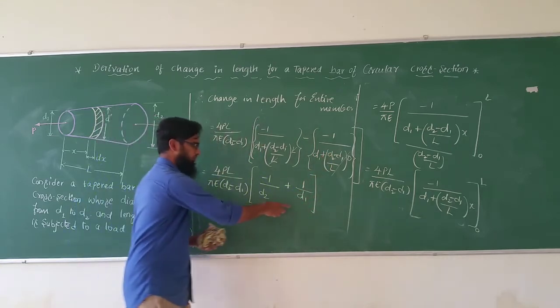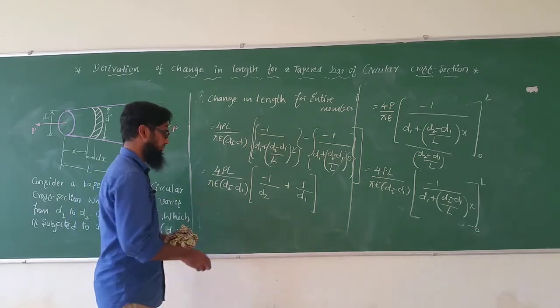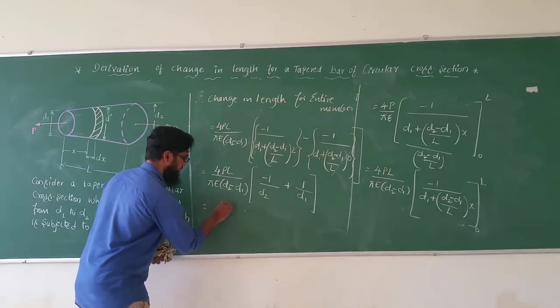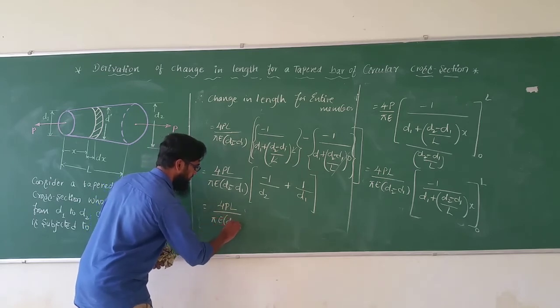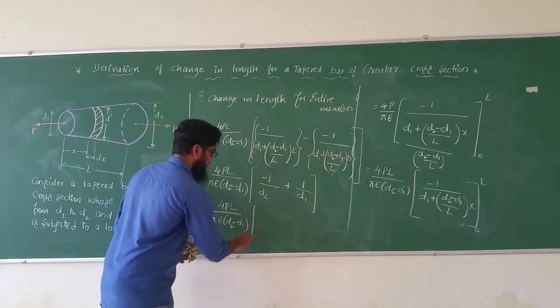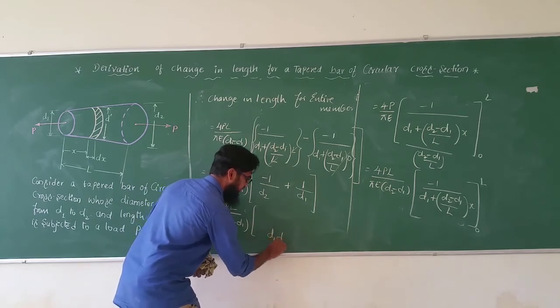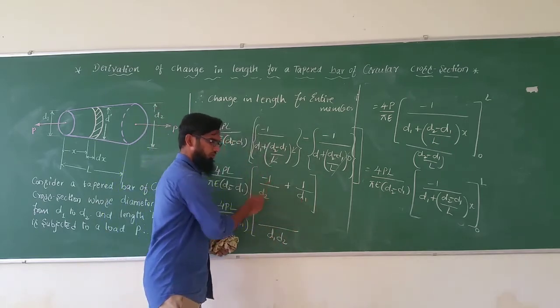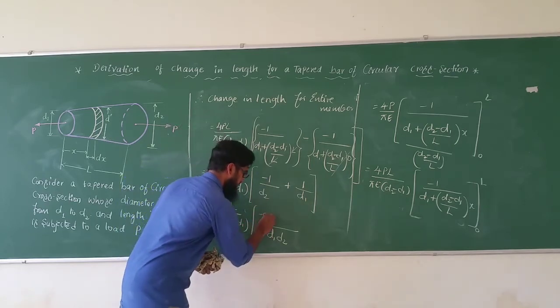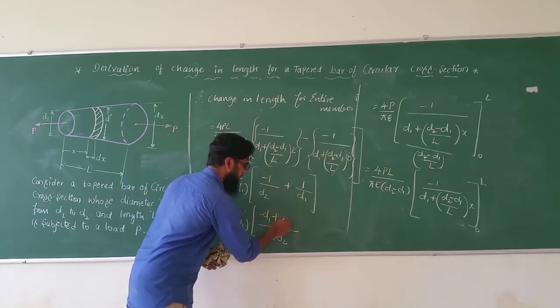Now for this term, simplify by taking the LCM. Here I get 4PL by pi E d2 minus d1, and taking the LCM, the denominator will have d1 d2. So this d1 comes here, it becomes minus d1, plus this d2 comes here.